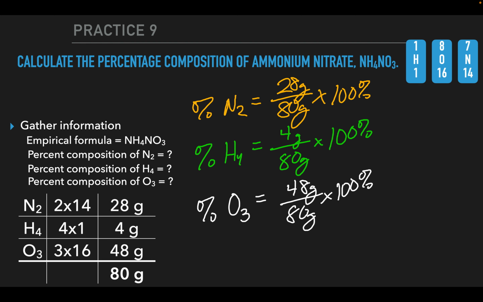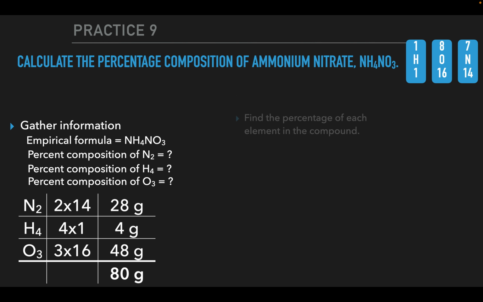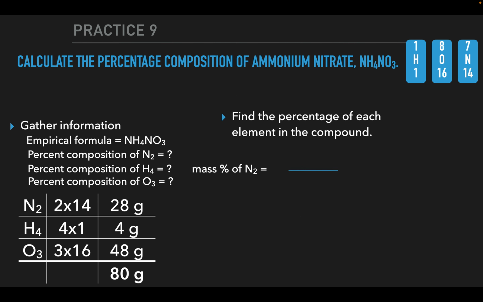Still, same problem. Take the part over the whole times 100%, which will give you 35% for nitrogen, 5% for hydrogen.